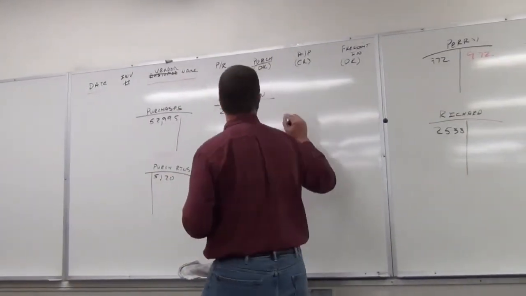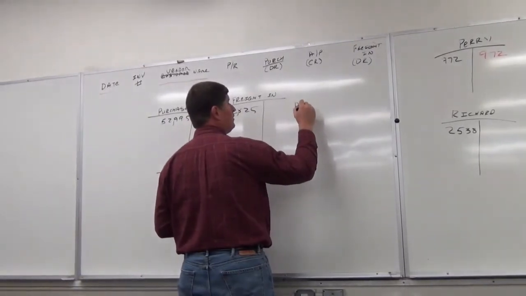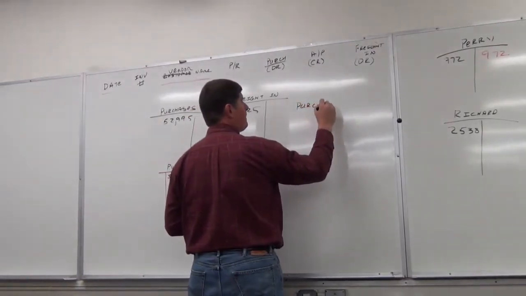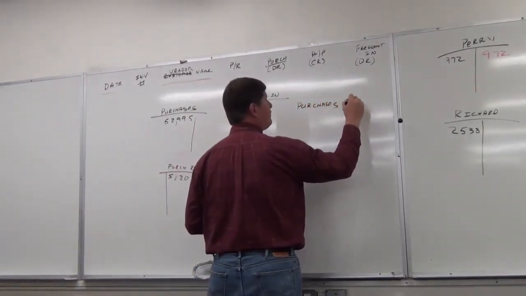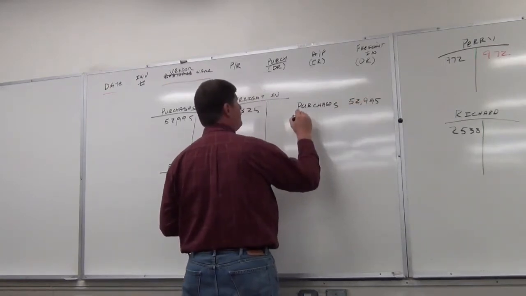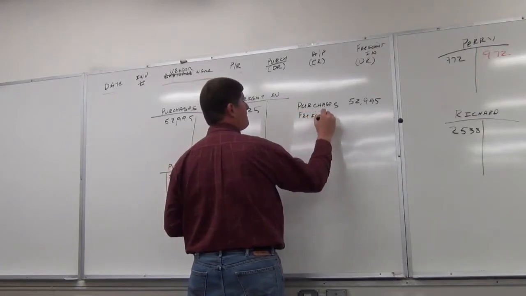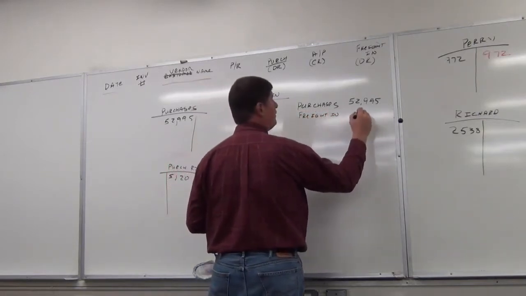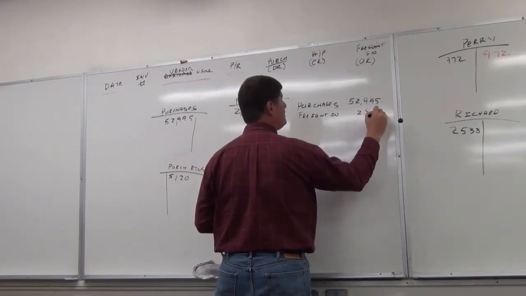Net delivered cost. Okay. So we start with purchases, 52,995. Add freight in of 2,825.